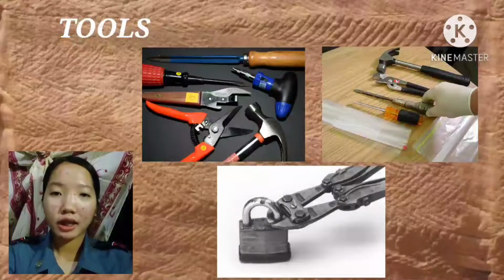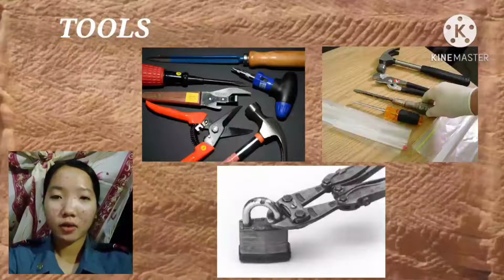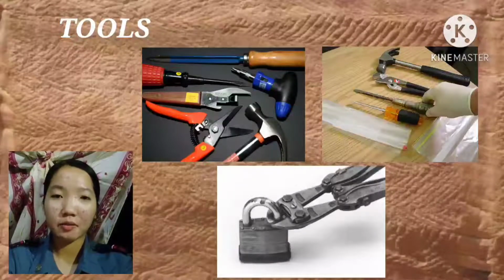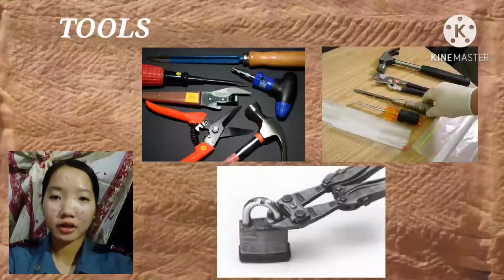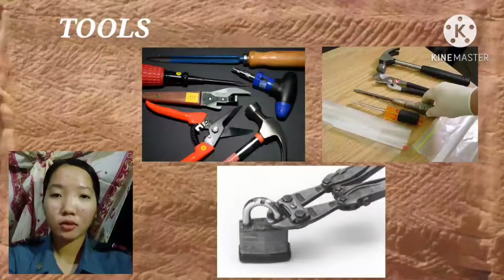Kapag ang tools ay ginamit, ito ay mag-iiwan ng marks. At kapag ang law enforcement ay nag-submit ng tools at marks sa BCA, yung examiner ng firearms and tool marks ay makakatulong ma-solve ang isang crimes by tool marks.